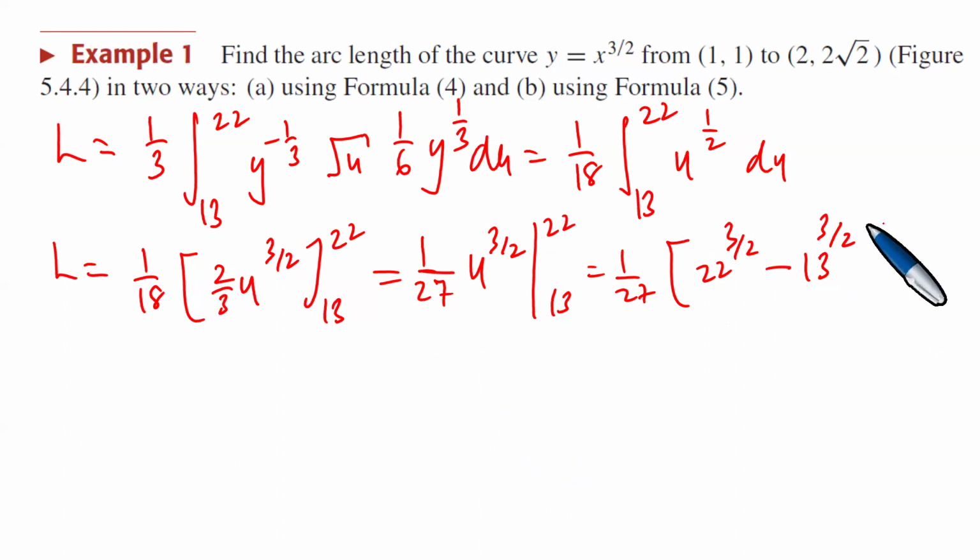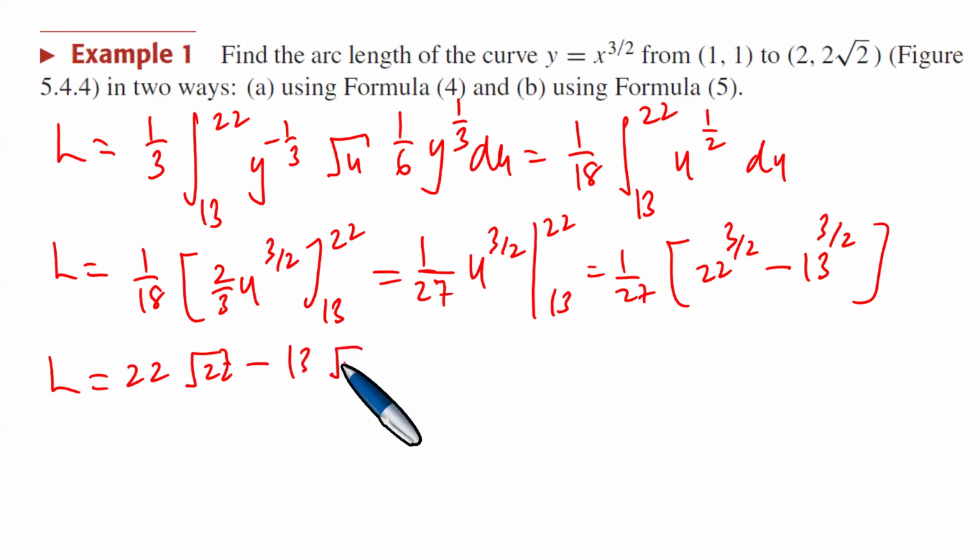This answer is arc length. 22 to the 3 out of 2 is 22 times the square root of 22, minus 13 times the square root of 13, all divided by 27. All right, that's what we're getting.